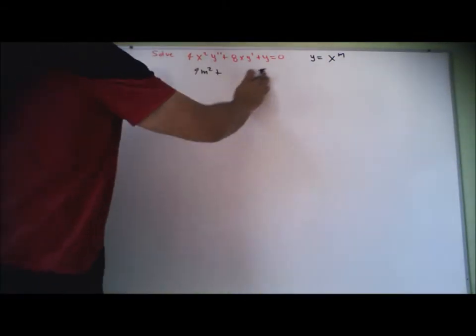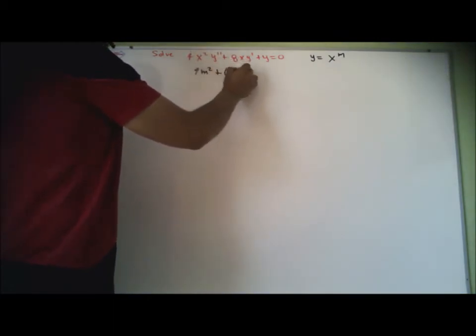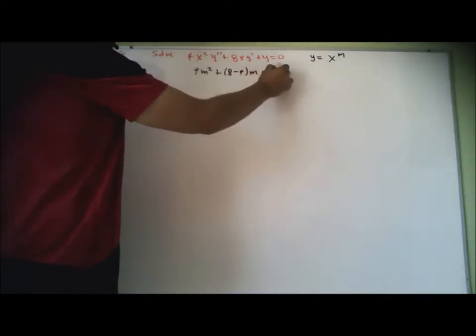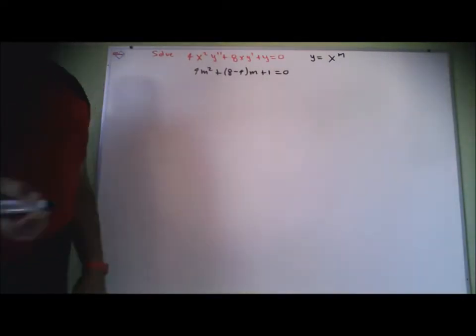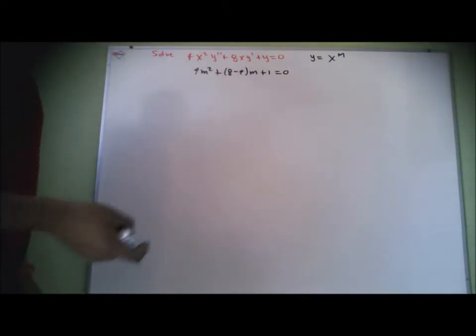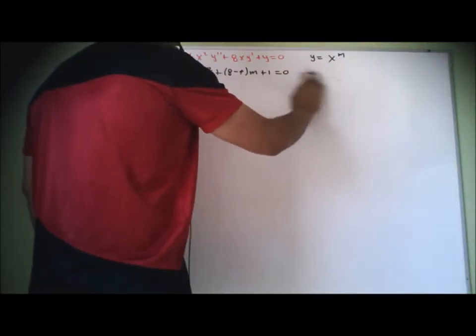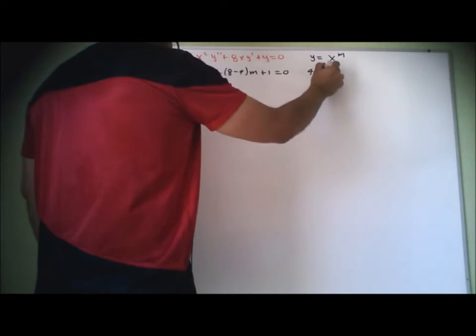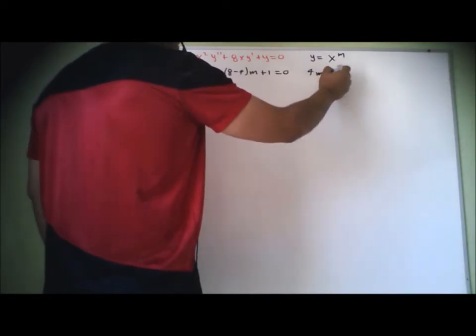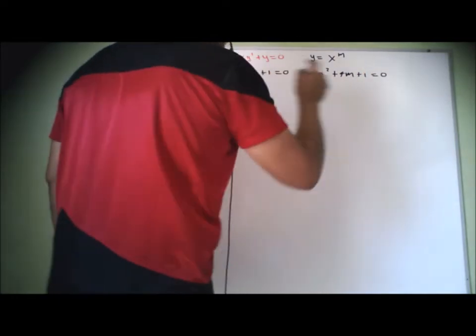According to the formula in the previous video, it is this minus this: 8 minus 4, m plus 1 equal to 0. So be careful, because I usually see this kind of error in the examination. Okay, so this is going to be 4m squared plus 4m plus 1 equal to 0.